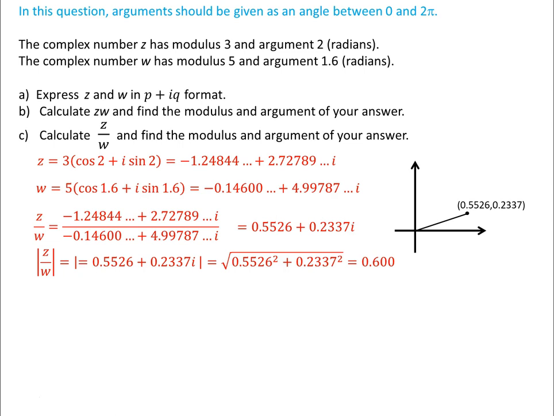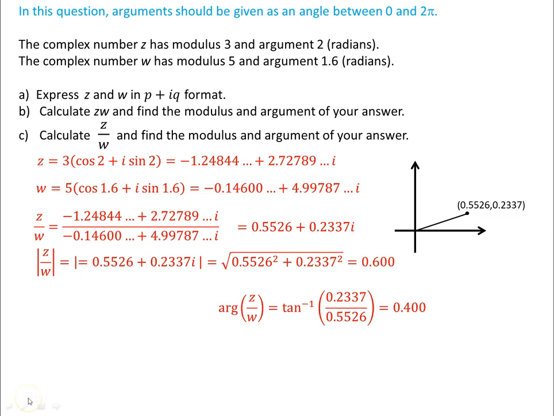And the argument of z divided by w in this case is easy because the point z over w is in the first quadrant. So the argument of z over w is simply the inverse tan of 0.2337 divided by 0.5526, which gives me 0.4 radians.